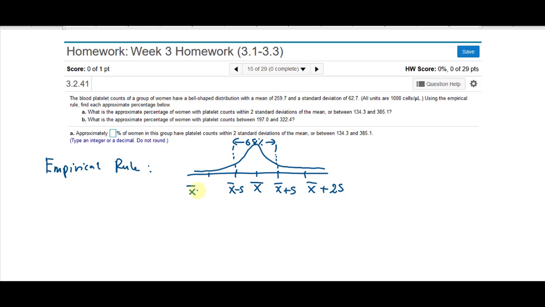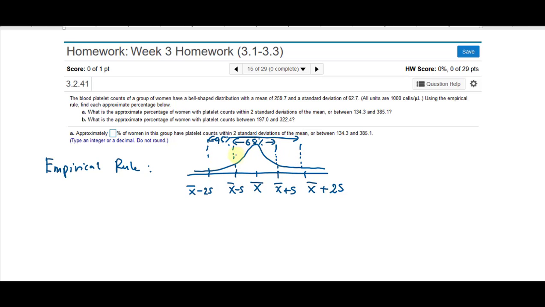So the mean subtract two standard deviations. So we have the second one around this area. There would be 95%. So 95% is inside two standard deviations.